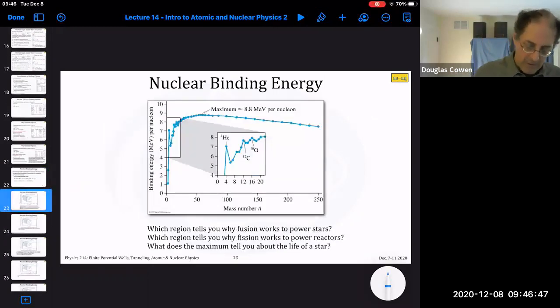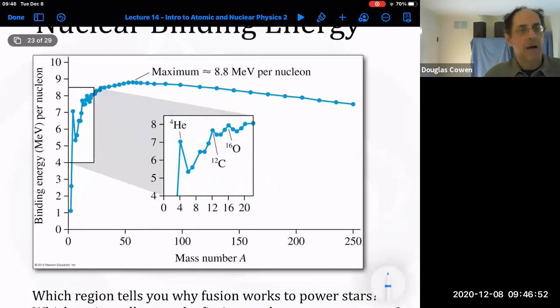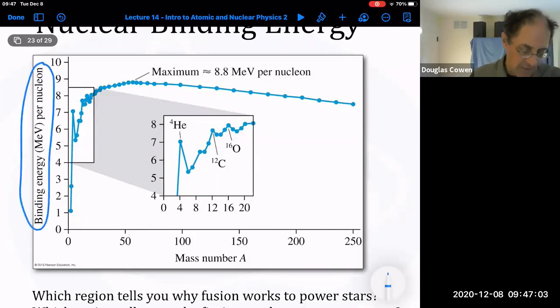This figure here summarizes sort of everything we know about the binding energy of nucleons in nuclei. What it shows is the binding energy per nucleon here. So basically it says, what's the total binding energy of this nucleus, which has mass number A? And then you divide that total binding energy by A, and you get the binding energy per nucleon.